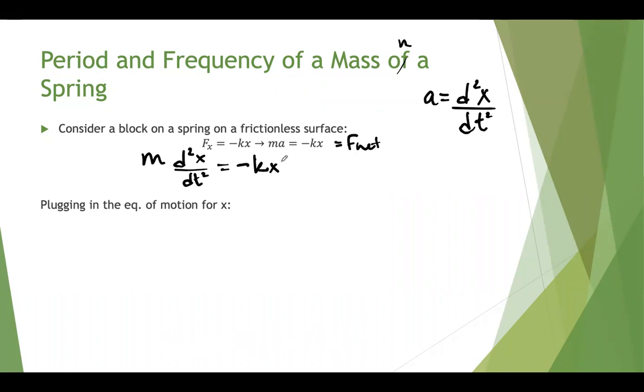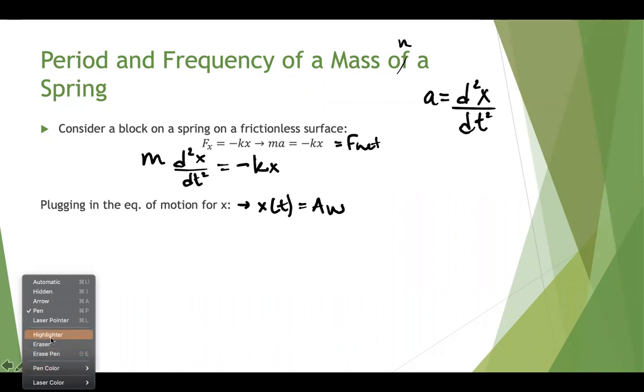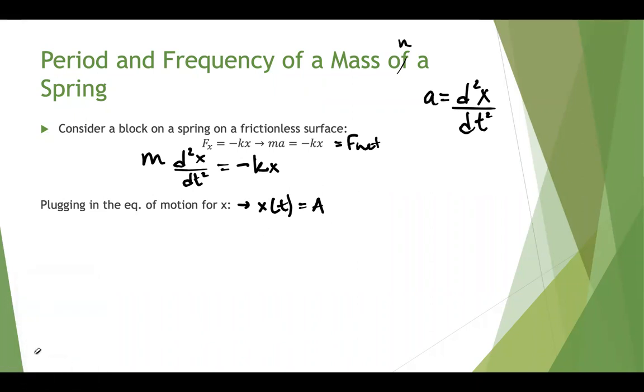Now, we can plug in these values. So we're going to plug in our x of t is equal to A times cosine of omega t. Okay, we're going to go ahead and plug those in to the x's.